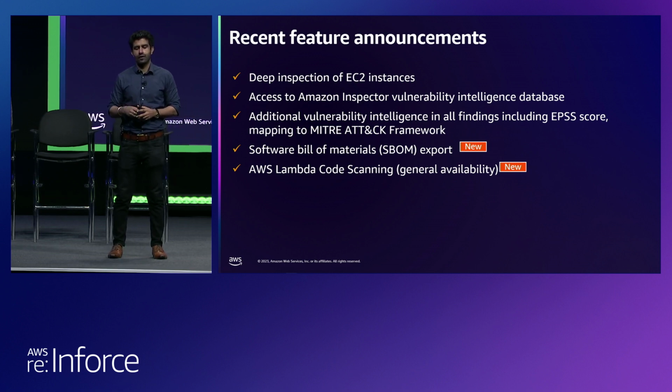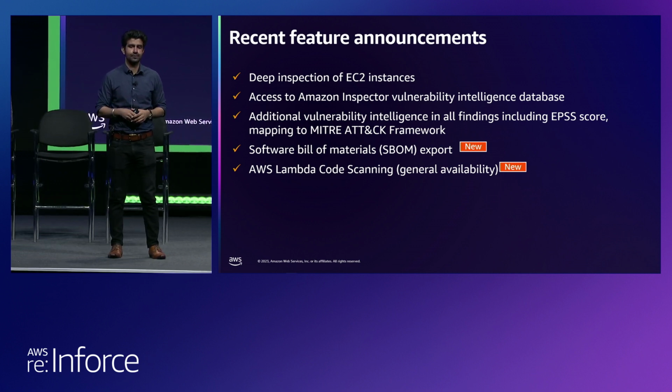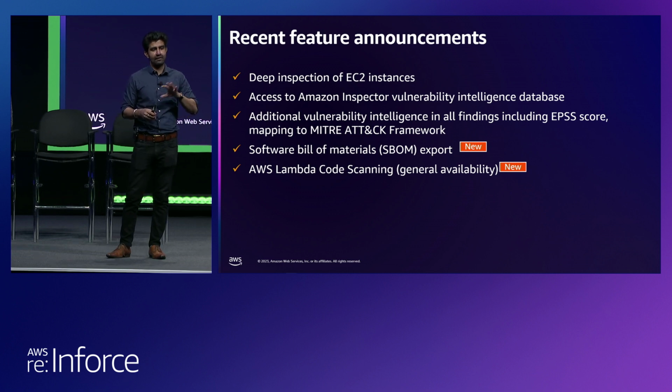The next feature we launched was access to our vulnerability intelligence database. One of the things that we got a lot of feedback from customers was that if they don't have a CVE that Inspector identified in any of their resources, they did not know if Inspector covers that or not.